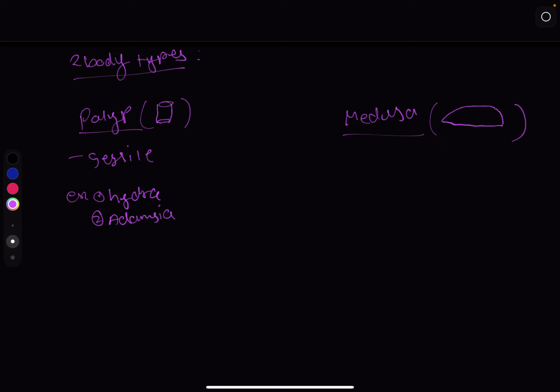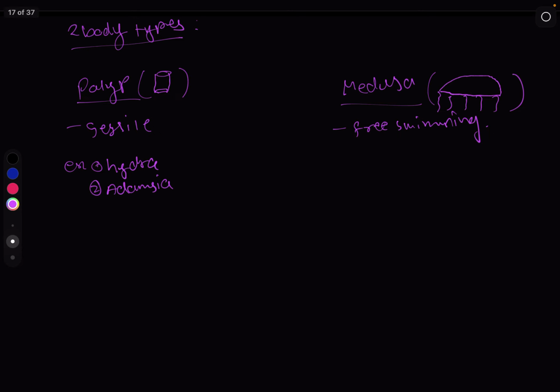Medusae, on the other hand, are free swimming. So they can swim freely. Like you can see jellyfish with their tentacles, they make contractions in the water which help them swim. So these are free swimming.